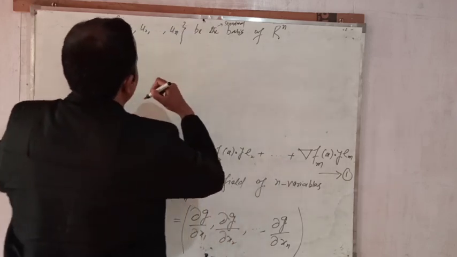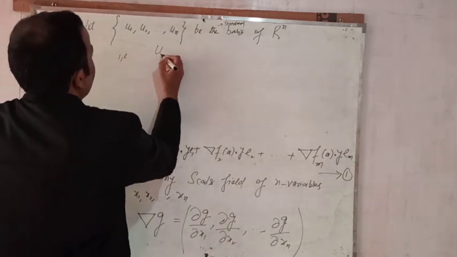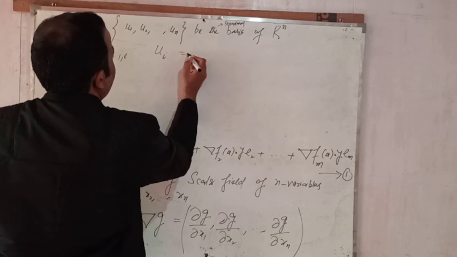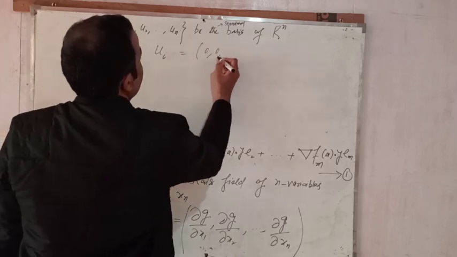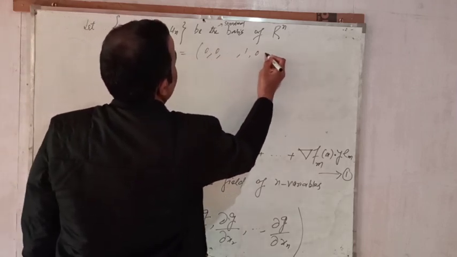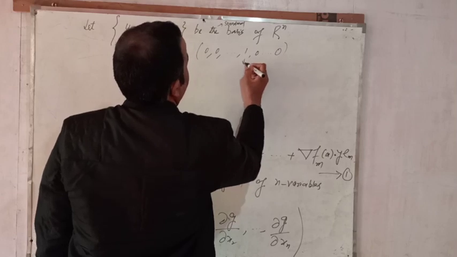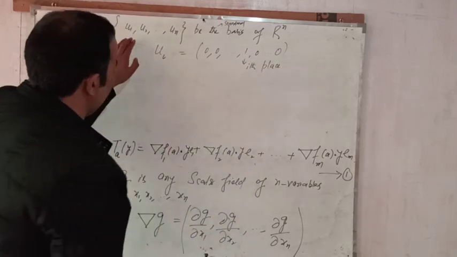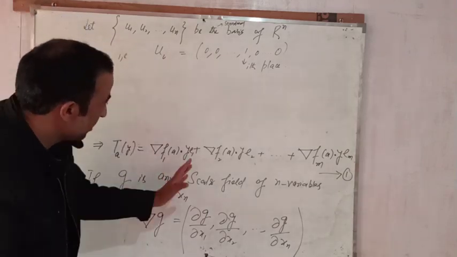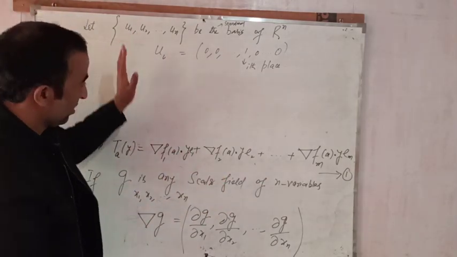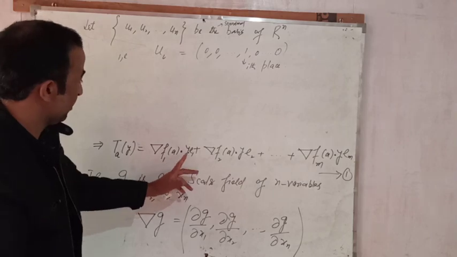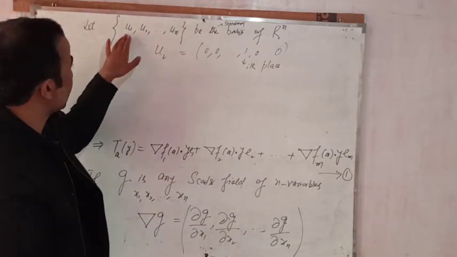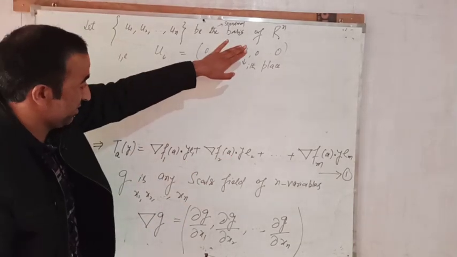That is, generally u_i is equal to 0, 0, and so on, 1, 0, and so on, 0, with 1 at the ith place. These are actually the same e_i's, but these e_i's are for R^m, and I will use u_i's for R^n.